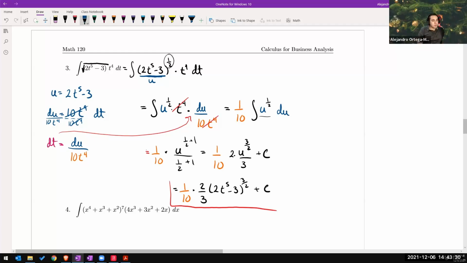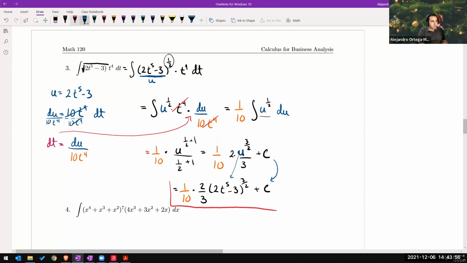So going from here to here. Okay, so I just basically say, well, everything stayed the same. The only thing that changed was the u, because the u was equal to 2t to the 5th minus 3. So all I'm doing is saying, this was the u originally, but I'm just rewriting it back in terms of x. That's the only thing that changed.